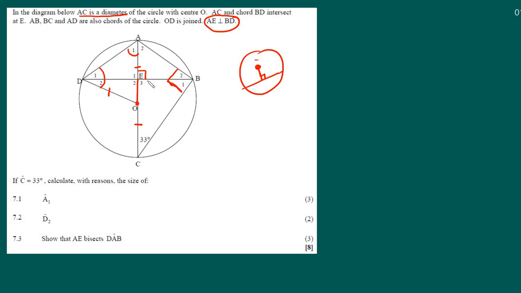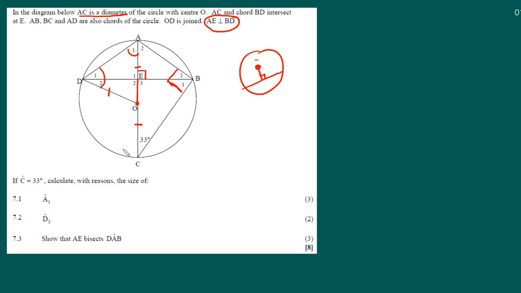And if I can prove that E3 is 90 degrees, what can I conclude? Remember, I can then conclude that DE will be equal to EB. So I must first find the angle here, which is going to be very easy to find since AEB is already 90 degrees.